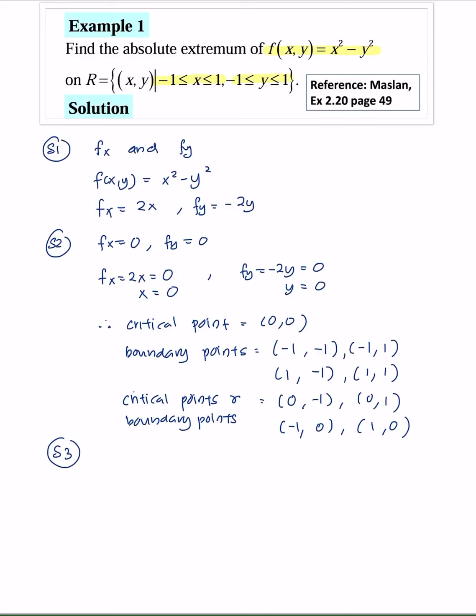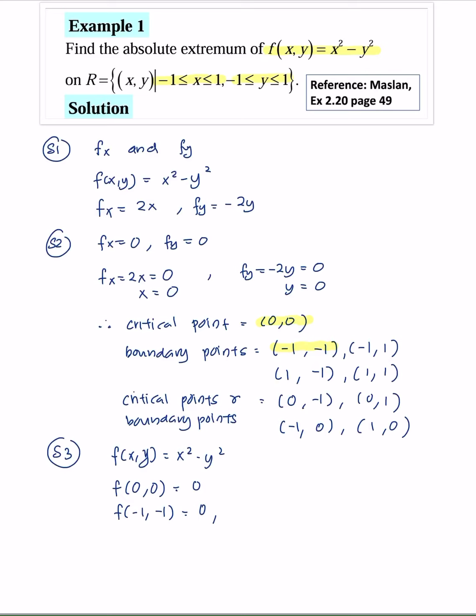So we have f(x,y) equal to x squared minus y squared. We consider f(0,0) first, so it will be 0 minus 0, which is 0. Next, f(-1,-1): it will be 1 minus 1, which is 0.